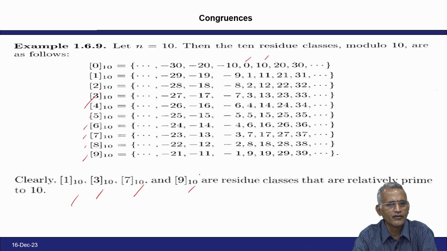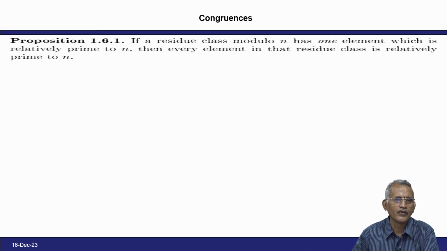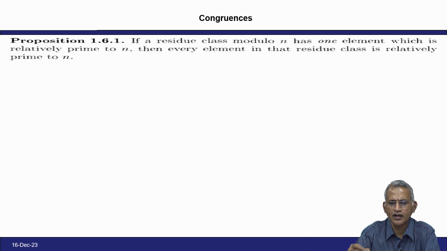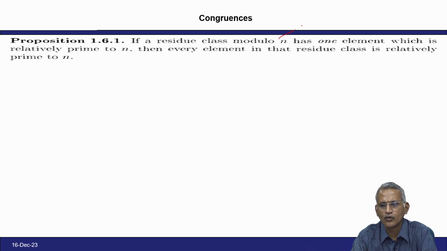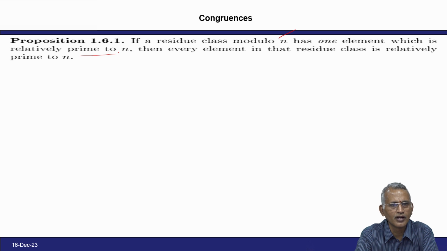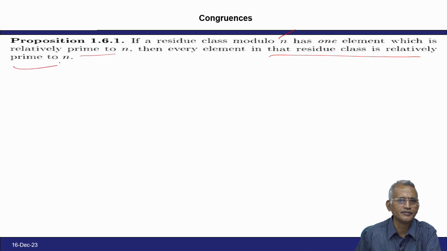So we can relate it with relative primality of one number to another in terms of residue classes. Now we have a proposition: if a residue class under modulo n has one element which is relatively prime to n, meaning the GCD of the two numbers is 1, then every element in that residue class is relatively prime to n.